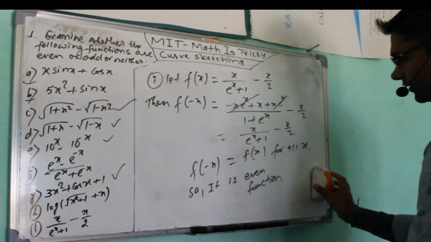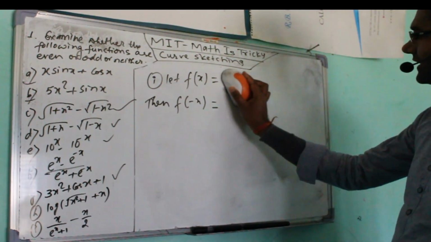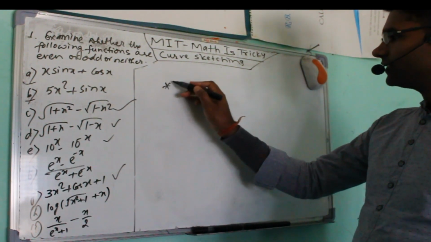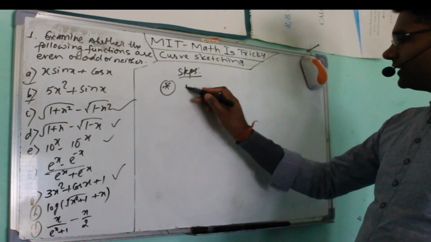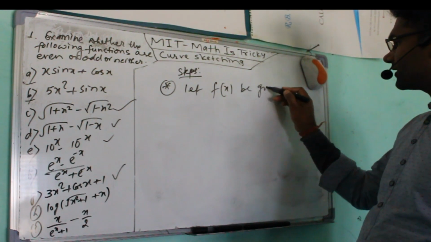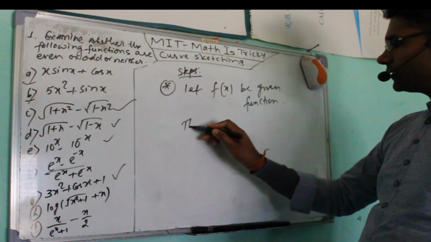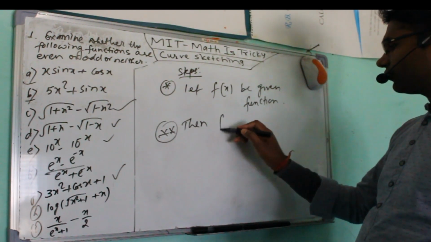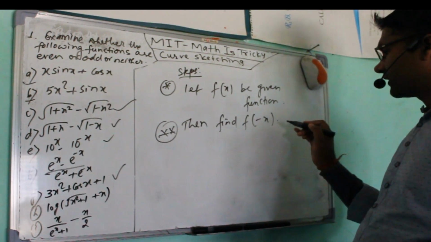So my dear students, to examine whether the given function is even or odd, always follow these steps. It's very simple. Step 1: let f(x) be the given function. Step 2: then find f(−x).